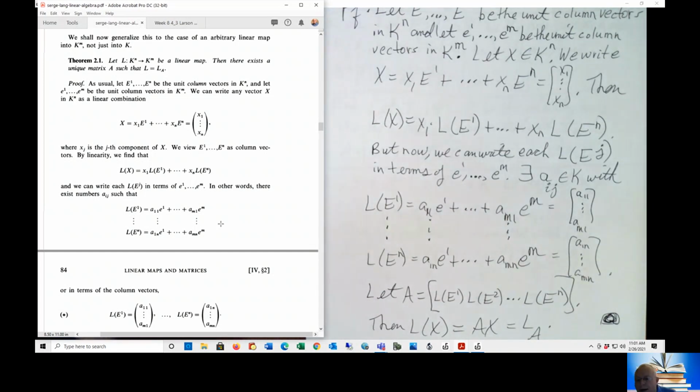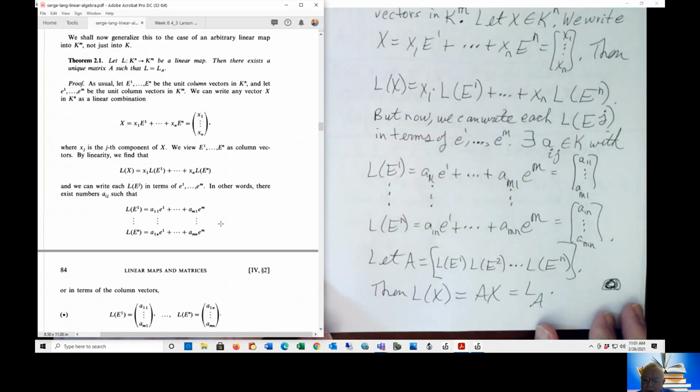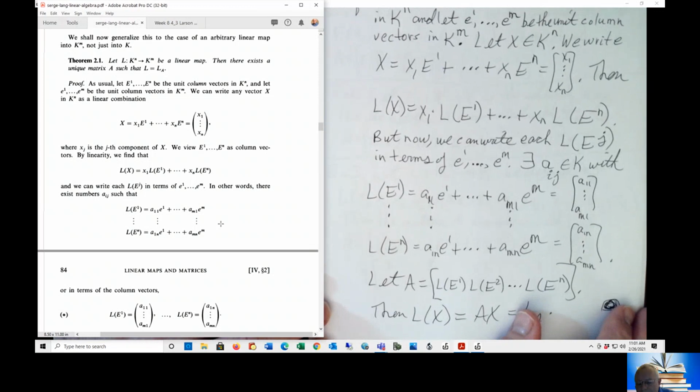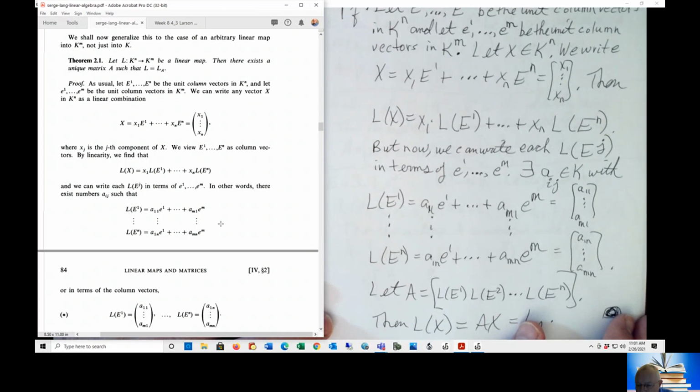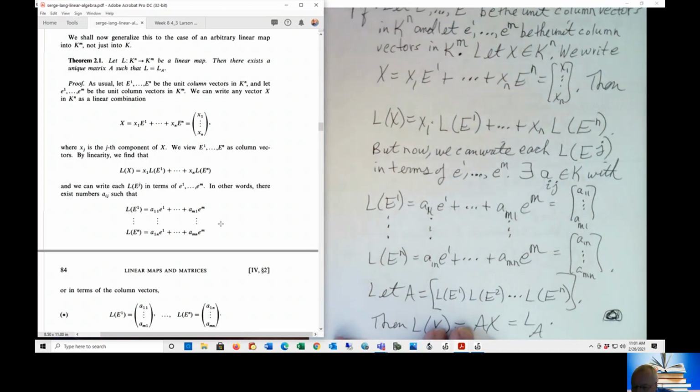So that's how each column of the matrix is found. Then L of x equals Ax, which is L sub A. And so this is called finding the matrix A that represents the linear mapping L with respect to, or relative to, the standard basis for Kn, the standard unit vectors, E1 through En.